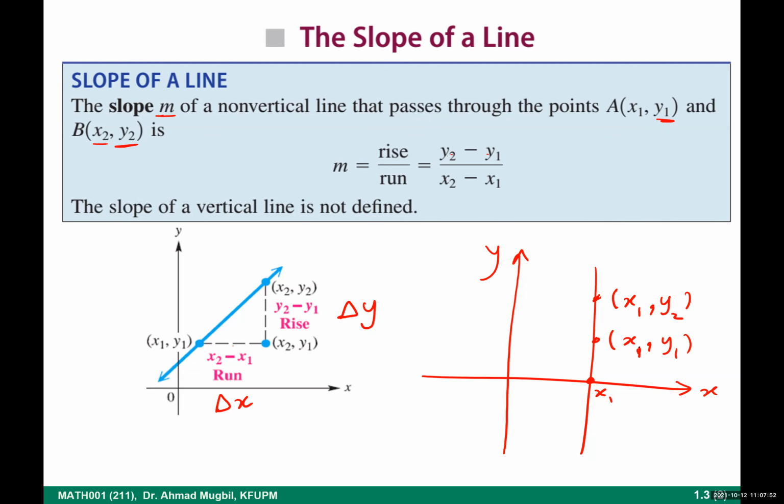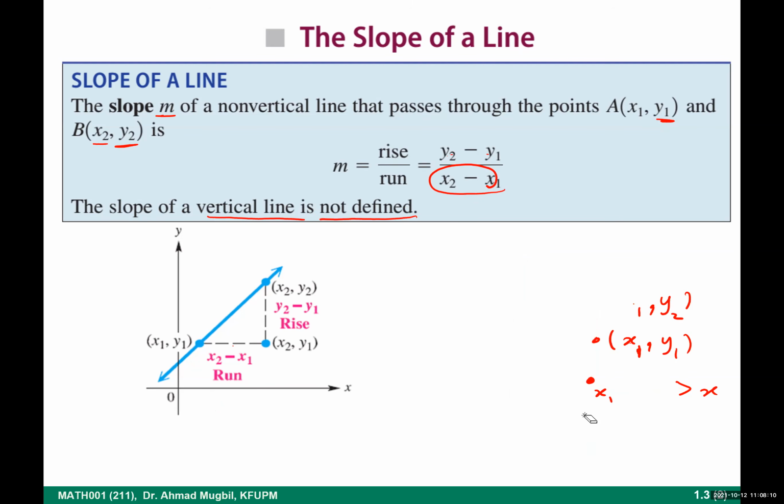Now notice that the x coordinate is the same. So when you subtract here, you will get what? 0. So this is why the slope of any vertical line is not defined. So we will say that it has no slope when the line is vertical. Great.